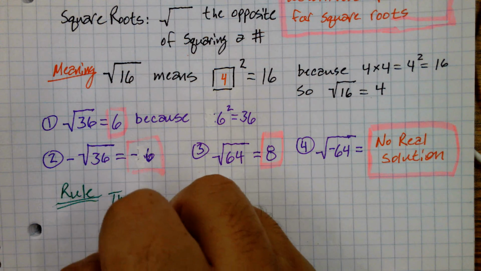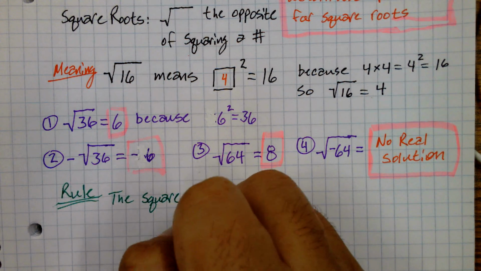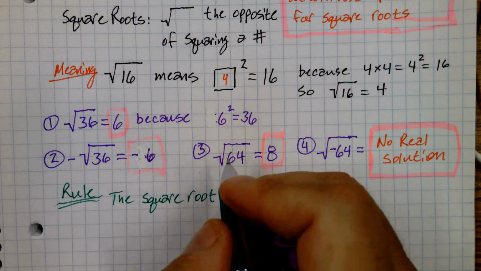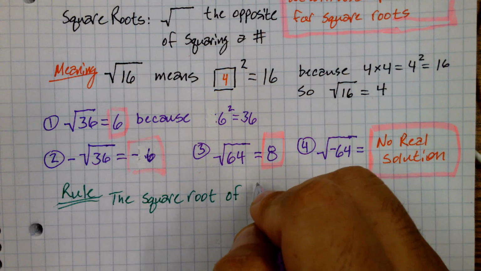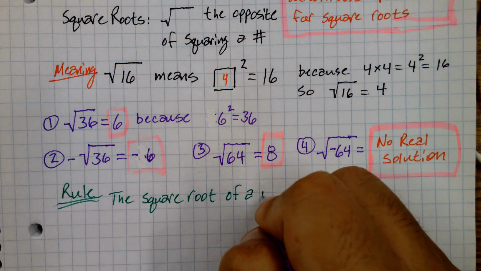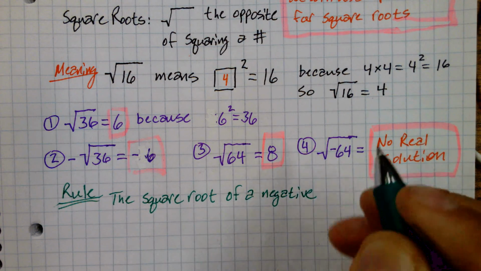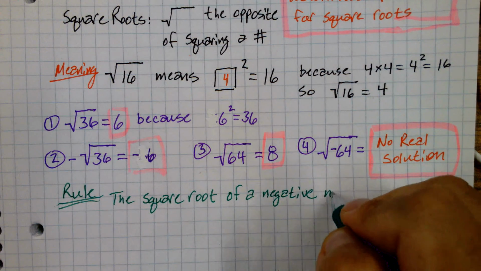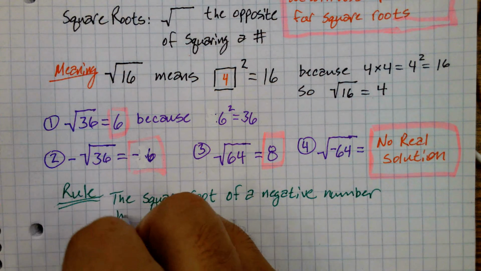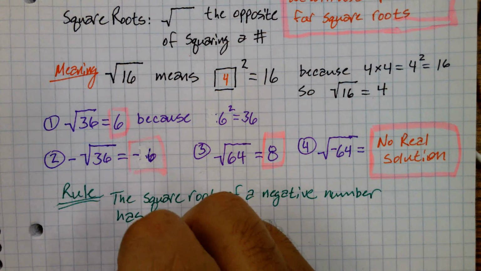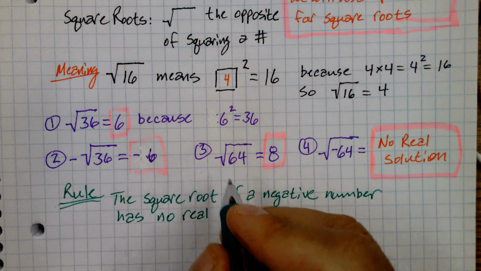The square root of a negative number has no real solution. And it sounds kind of weird that I'm saying it that way, but I'll explain.